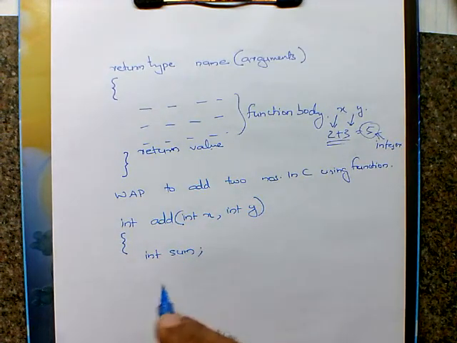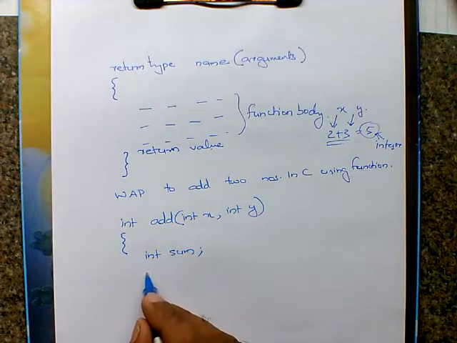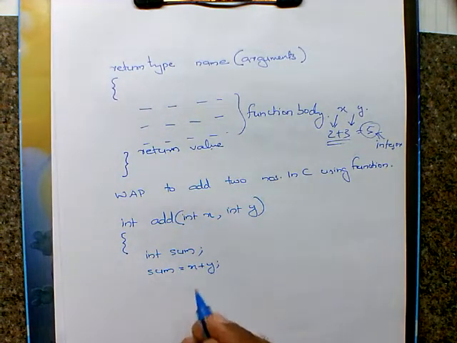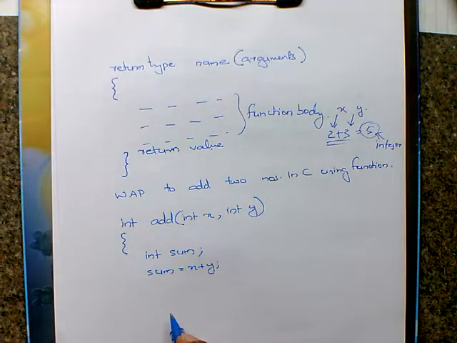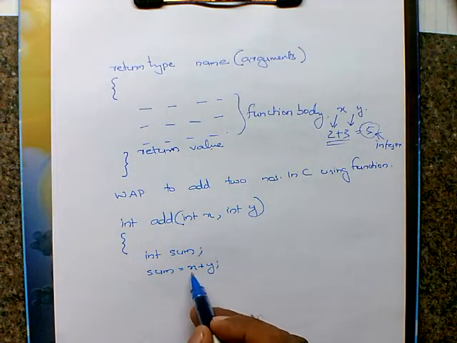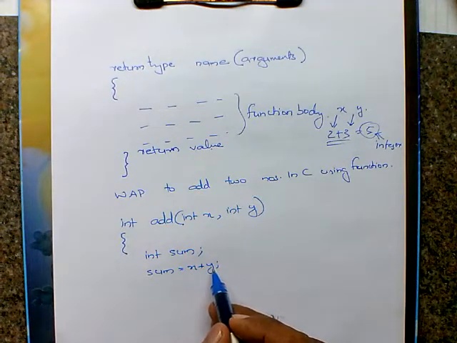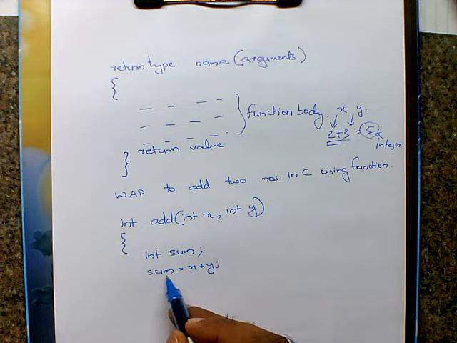So declare that variable int sum, then write sum equal to x plus y. Now 2 is stored in x, 3 is stored in y, 2 plus 3, so sum will get the value 5.